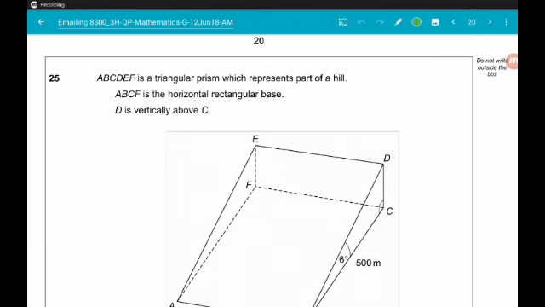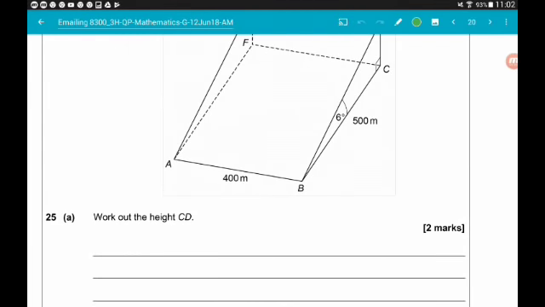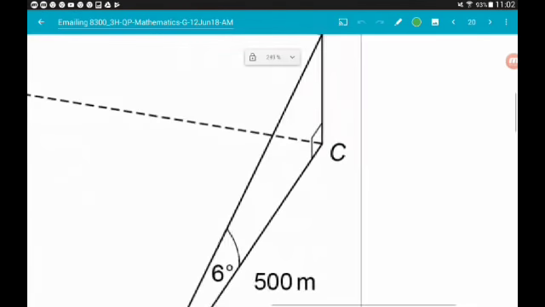Question 25. So A, B, C, D, E, F is a triangular prism which represents part of a hill. A, B, C, F is the horizontal rectangular base. D is exactly above C. We want to work out the height CD.